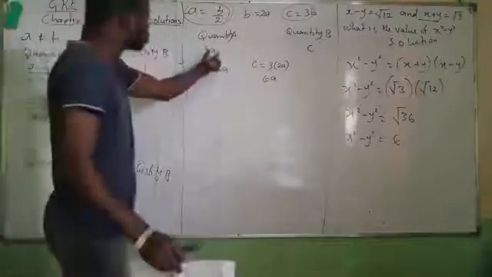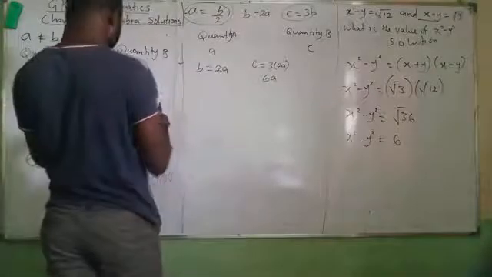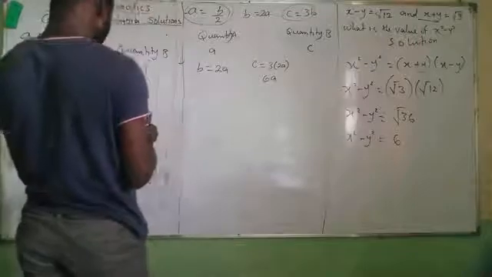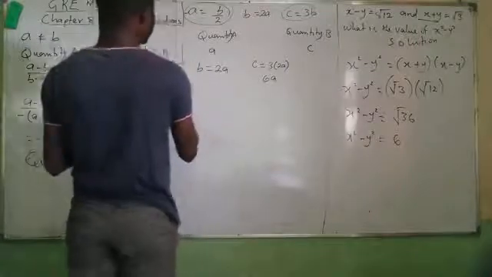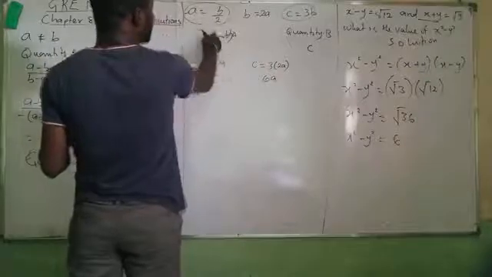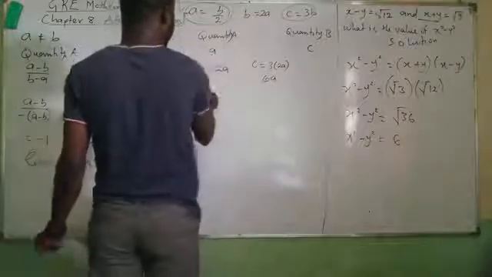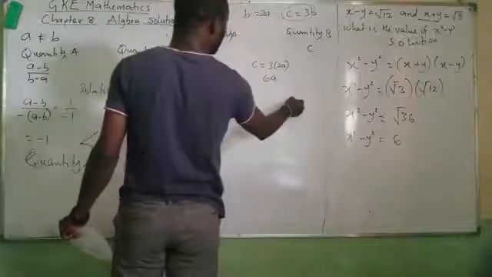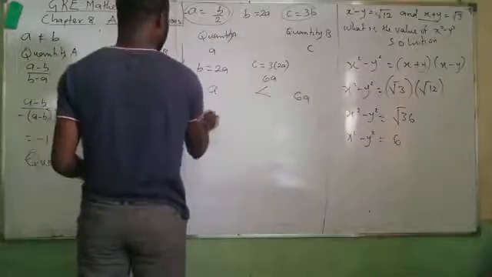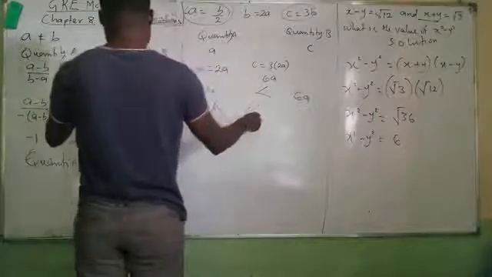The relation is between A and C. I have A, and I have 6A. It means this is less. Quantity A is less than quantity B.